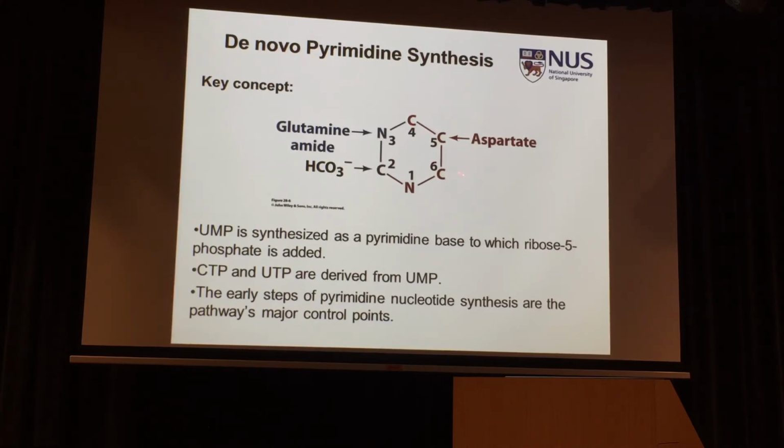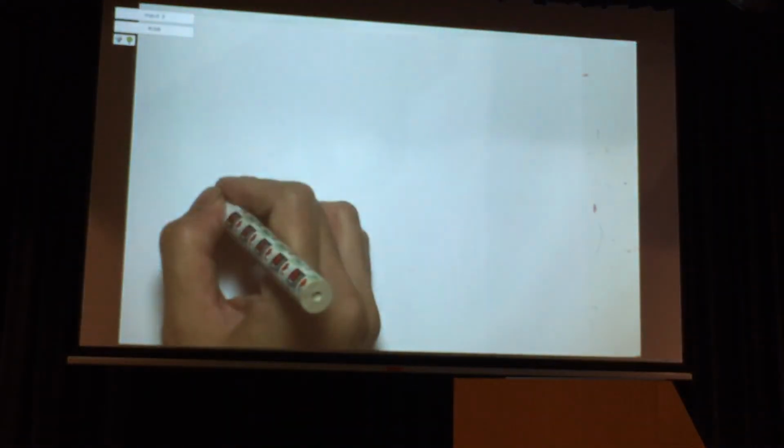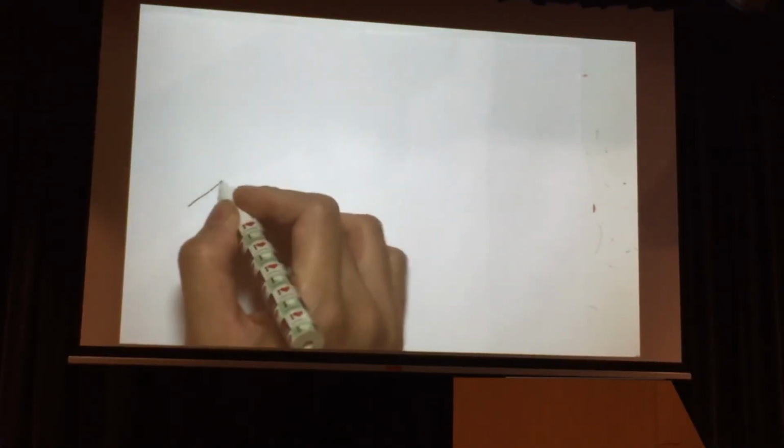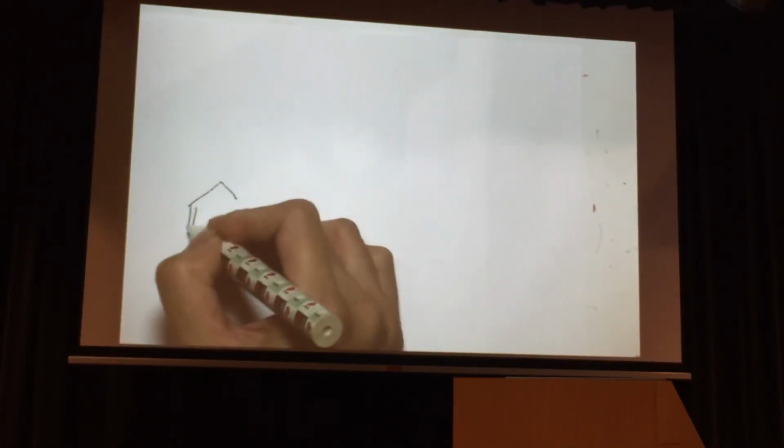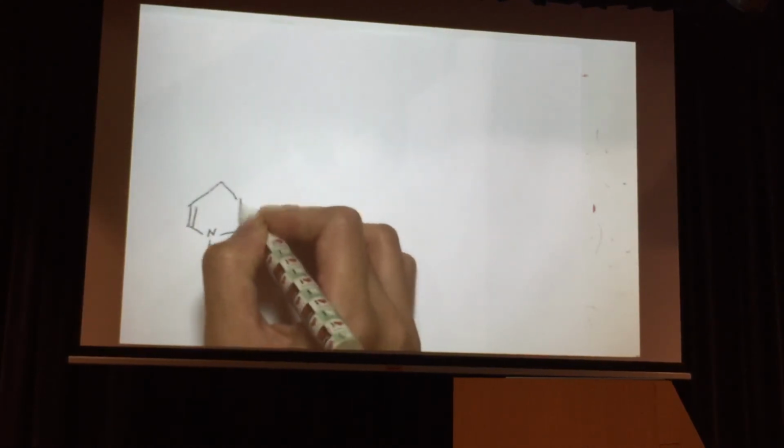And this is the structure of pyrimidine. The pyrimidines are C and T. Do you remember your pyrimidines? Pyrimidine is only a 6-membered ring, one ring only.